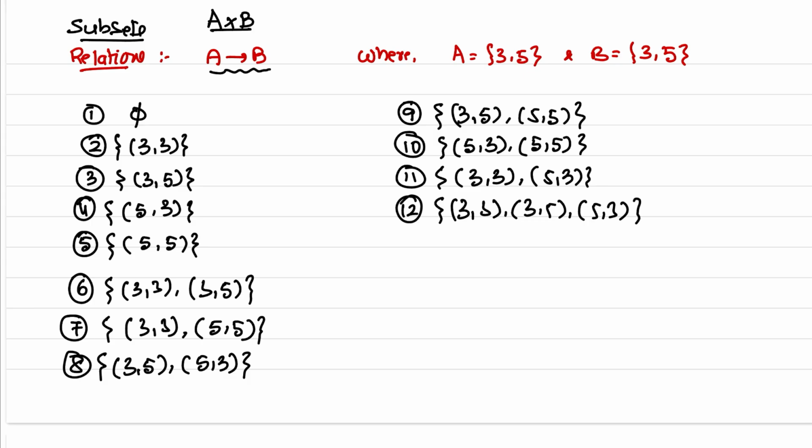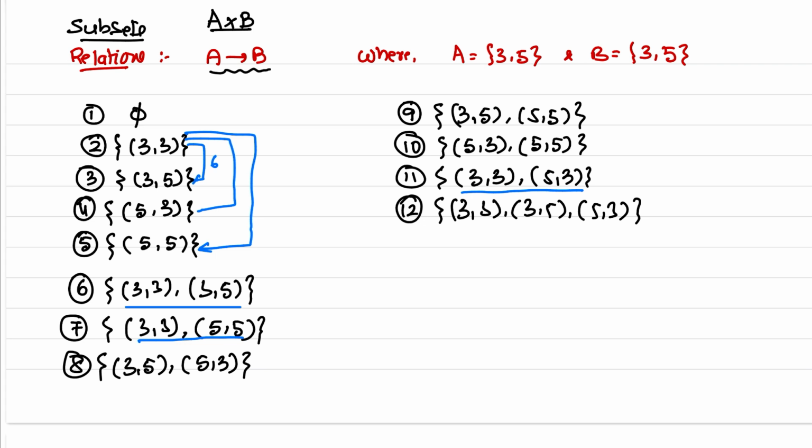You just see, in the first we put these two together. This is the sixth subset. In the seventh, what have we done? We have put this and this together. You see, 3, 3, 5, 3, 3, 3, 3, 5 and 3, 3, 5, 5.